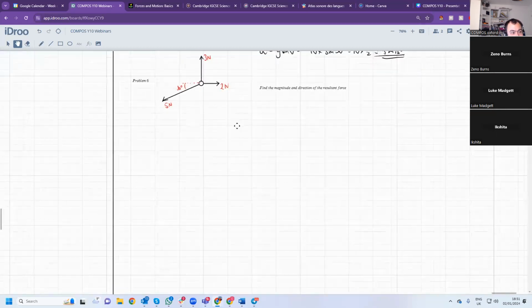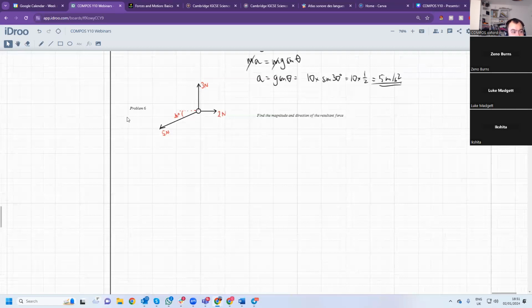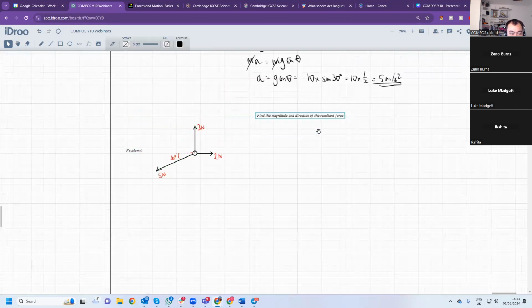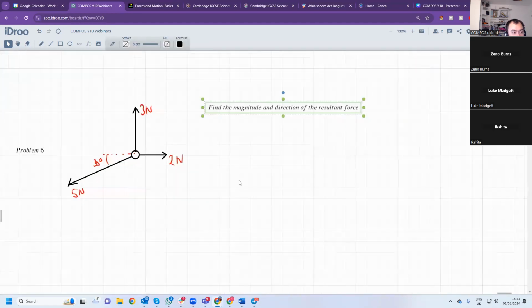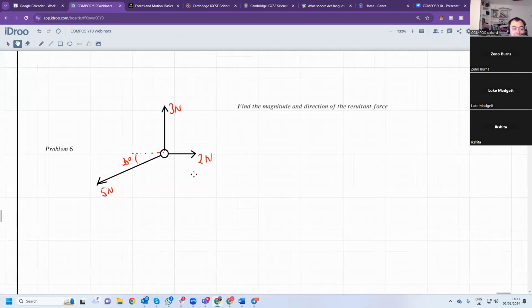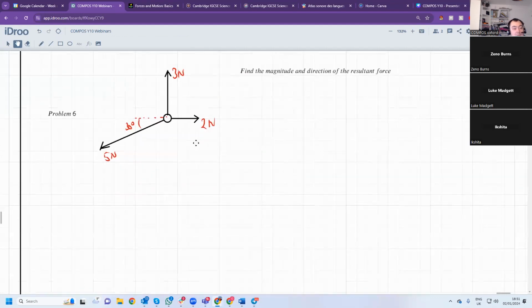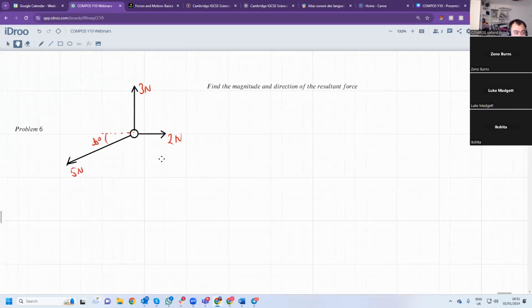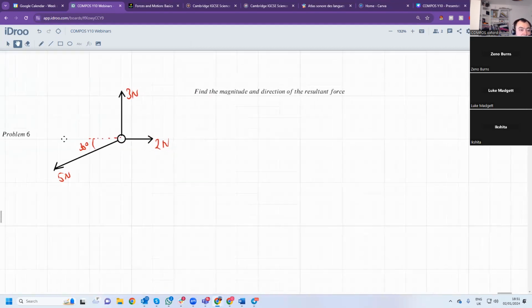Okay, moving on. Problem 6. Find the magnitude and the direction of the resultant force. So what do we do here? We need to add all of these forces. Of course, we can use the triangle rule, and we can do it quite straightforwardly.